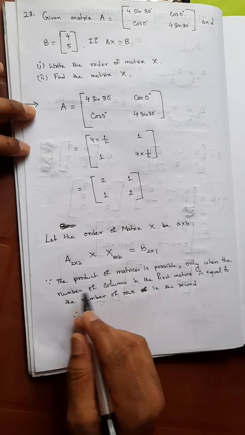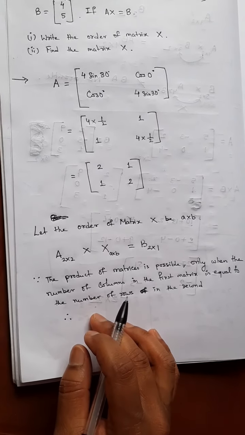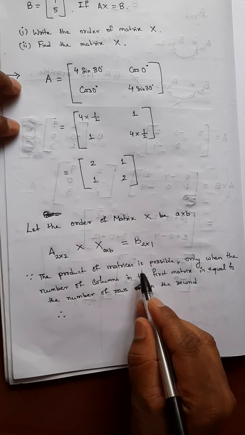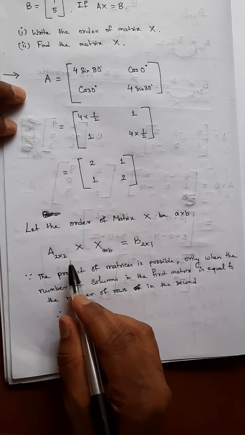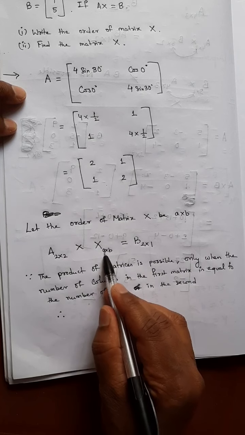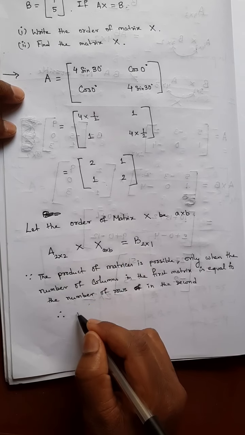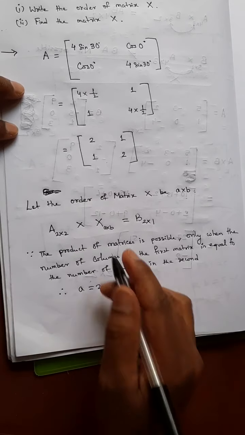See, I have written the condition: since the product of matrices is possible only when the number of columns in the first matrix is equal to the number of rows in the second matrix, therefore we get A is equal to 2. So we got the value of A.